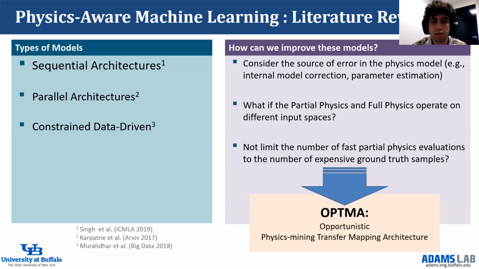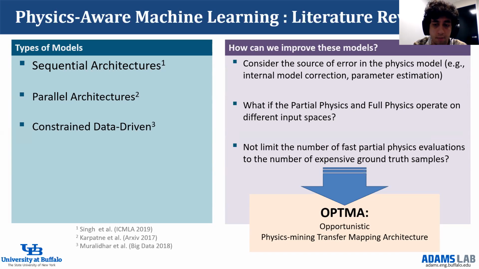If I look at the source of error in this partial physics that cannot capture the full physics model, then we can have an idea of when and how we can use this data-driven model and partial physics model. Also, we can talk about the situation where partial physics and full physics operate in different spaces, and the ways that we can use the partial physics more and more for our modeling and increase the accuracy of our model.